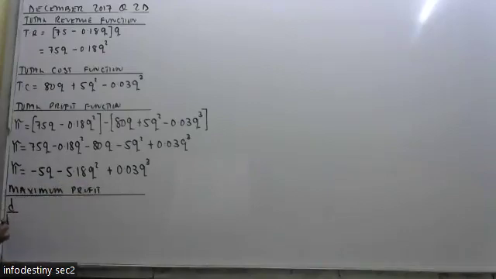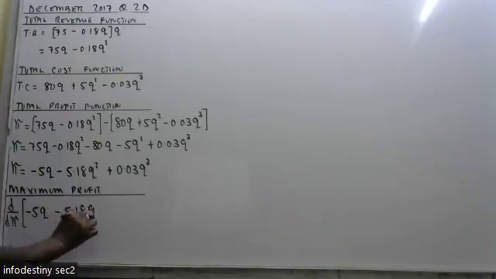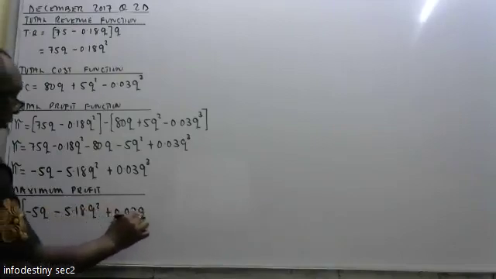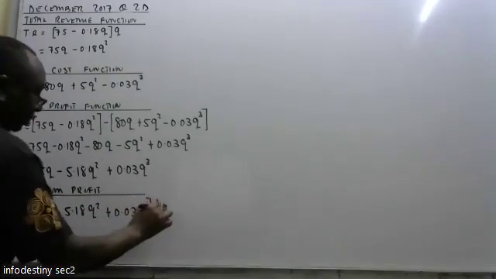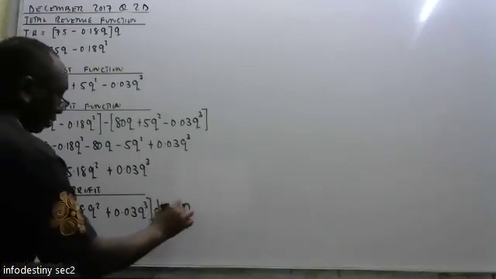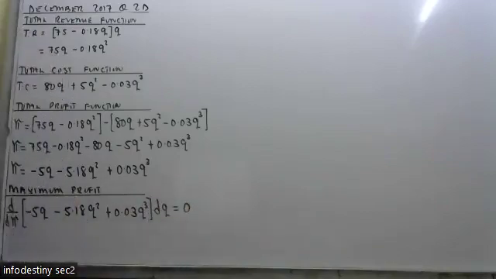So the differential of pi, that is minus 5Q minus 5.18Q squared plus 0.03Q cubed, with respect to Q should be equal to 0.